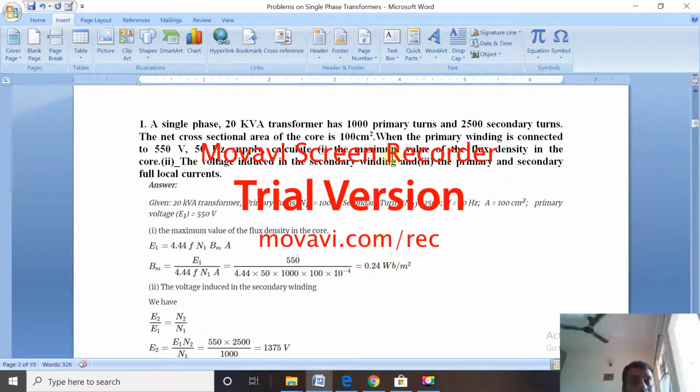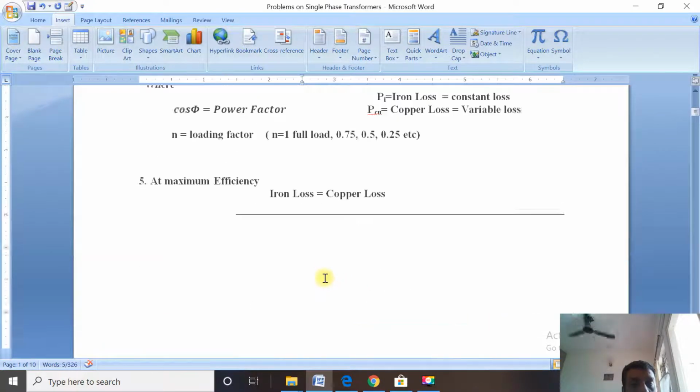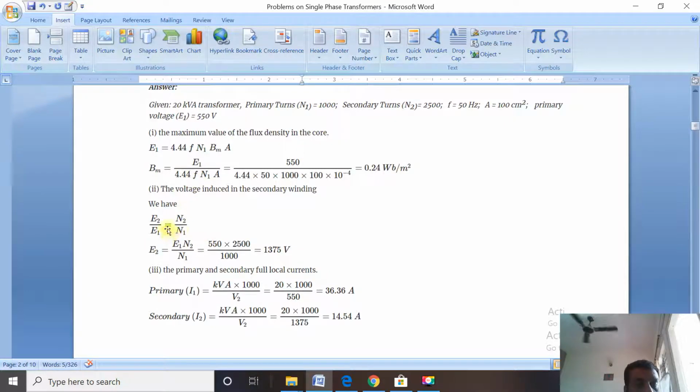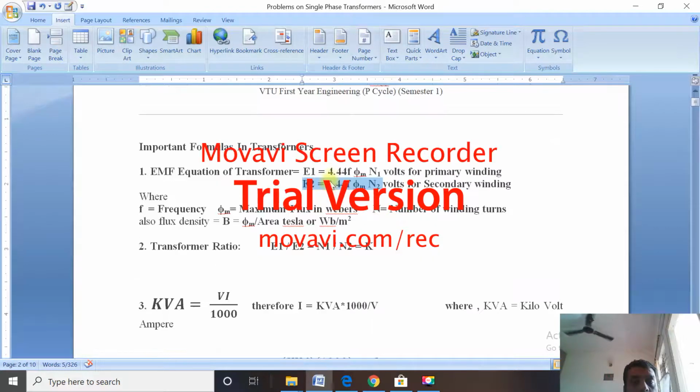So the first is calculated. Second, the voltage induced in the secondary winding is given by this formula: E2 is equal to 4.44 F phi_m N2.